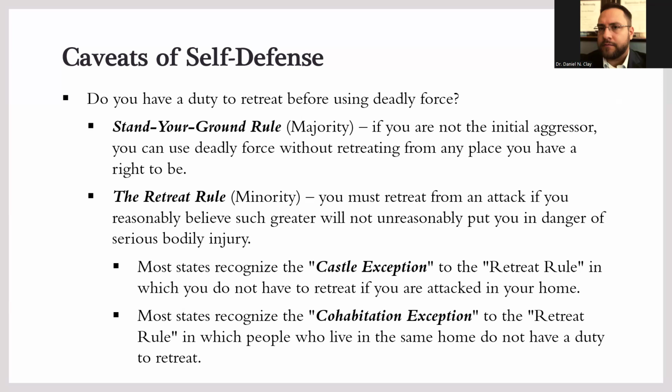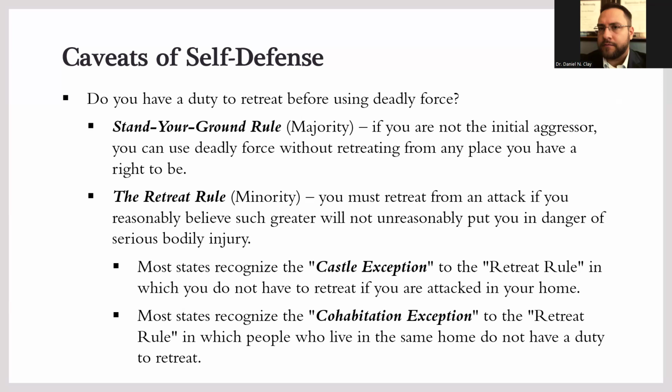Well, in these states, most states, not all, but most states recognize the castle exception to the retreat rule, also called the castle doctrine, which is if you're outside of your house or somewhere else, you have to try to run away. If, however, you are in your own home, in most states, you don't have to run away. So the idea is somebody breaks down your front door.